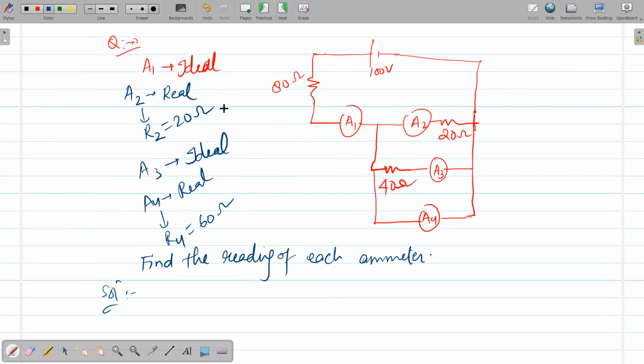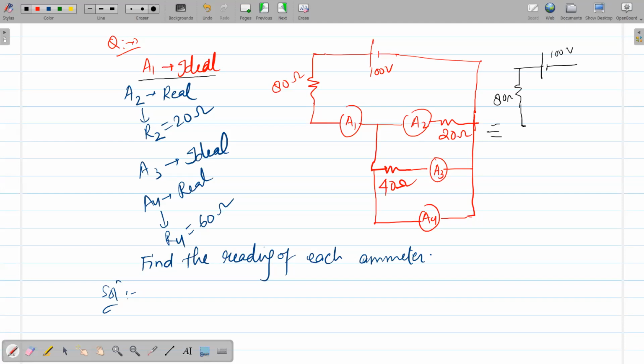Let me give you one hint. What you should do, just draw the circuit like this. This is 100 volt. This is 80 ohm.